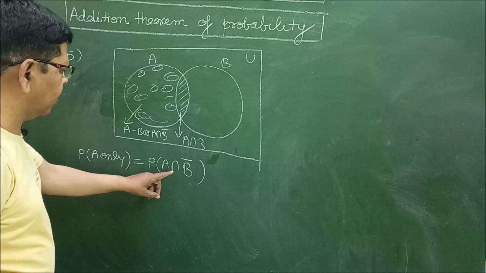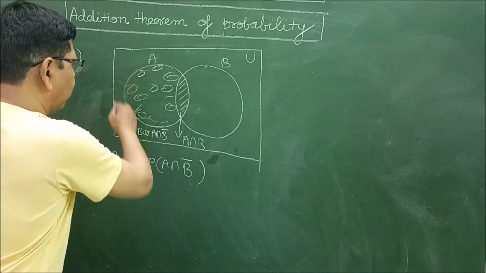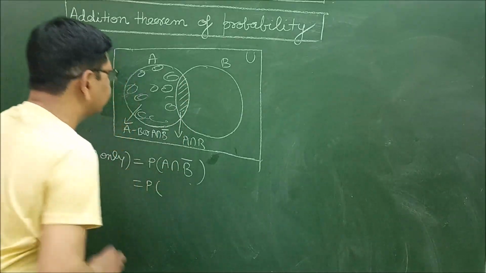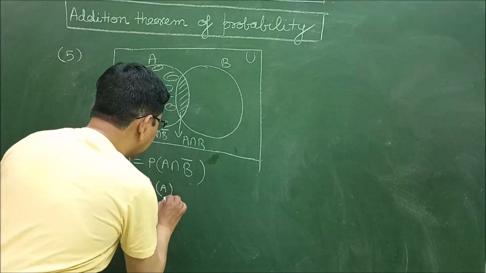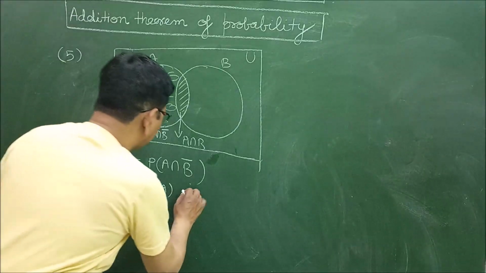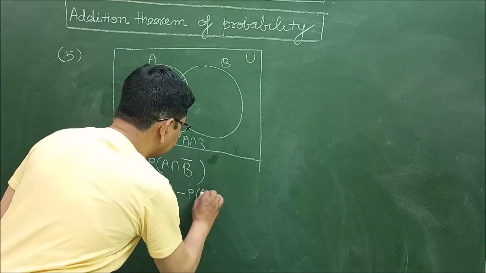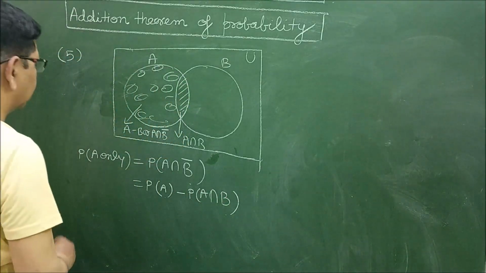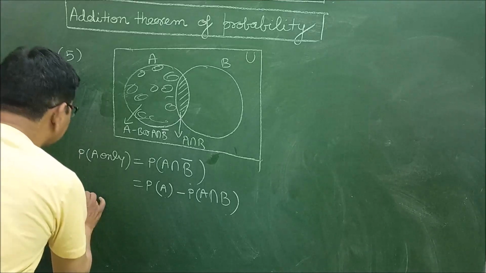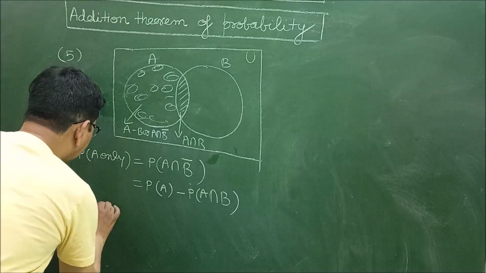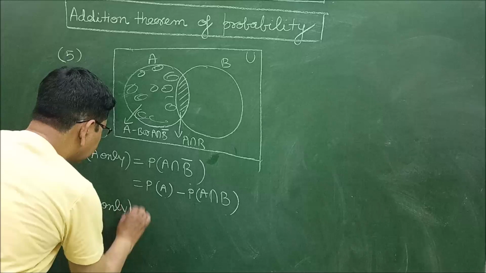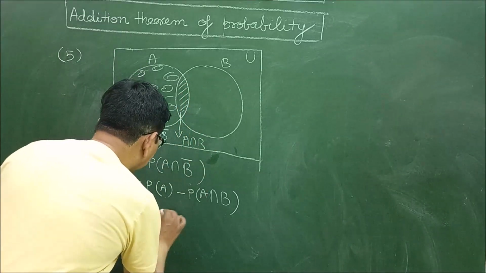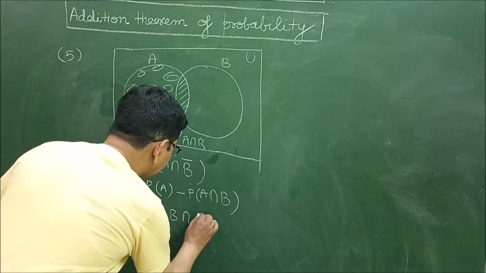So probability of A intersection B complement is equal to this whole circle minus this common region, that is probability of A minus probability of A intersection B. Now if B happens only, then probability of B happens and A does not happen.